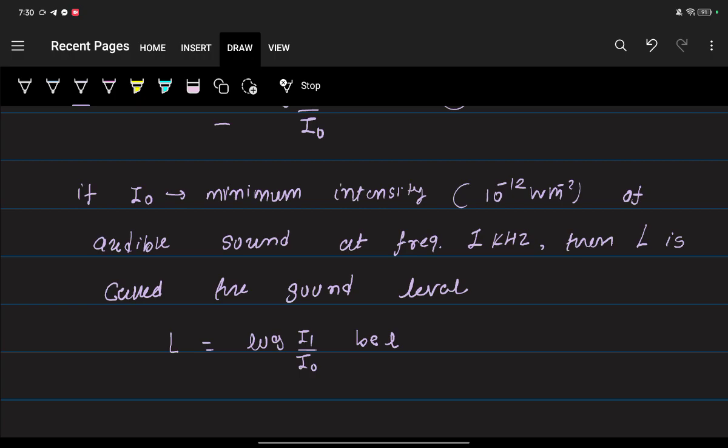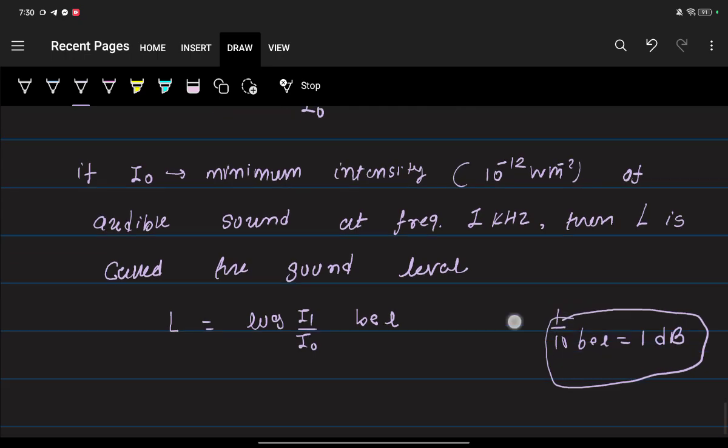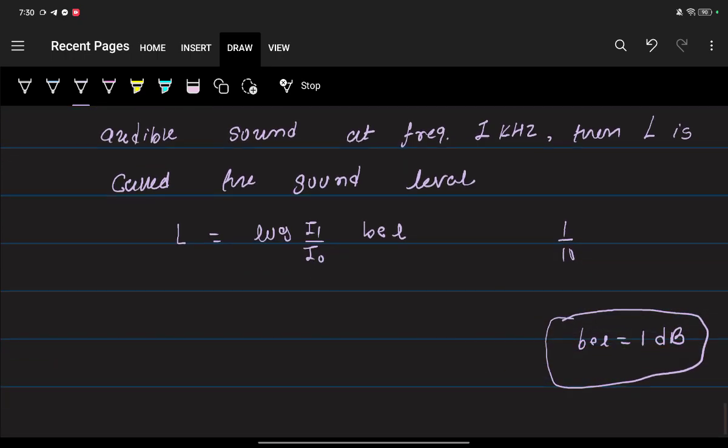Now remember, 1 by 10 Bell is equal to 1 decibel. This is the relation, so we are going to use this relation.